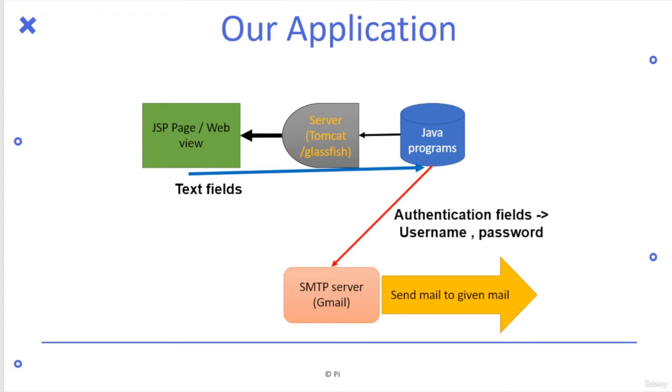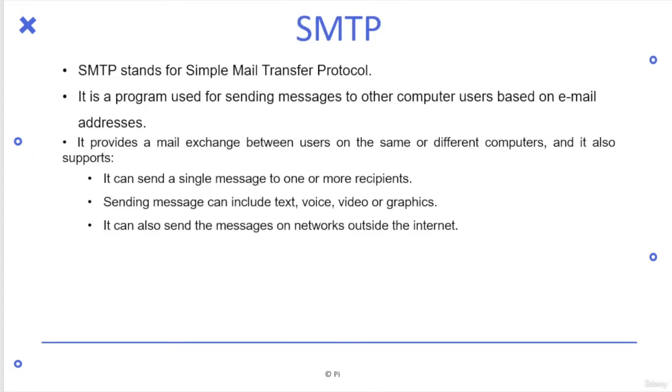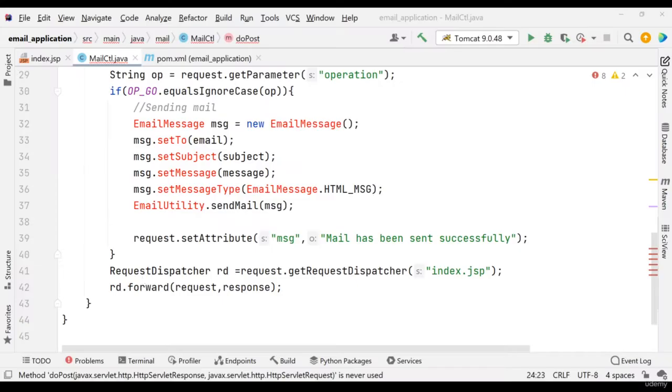If you understood this, let us move on with our email application part. We already created this, so I need to create the email message here. Let me copy this email message.